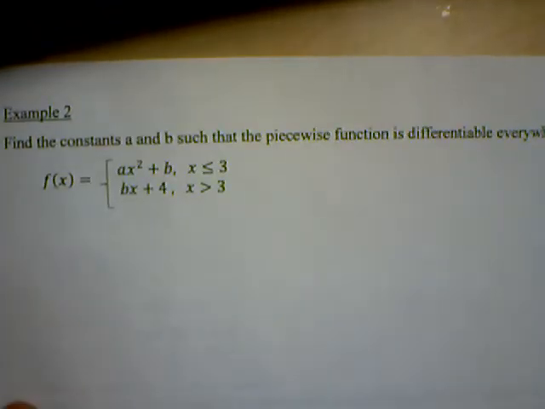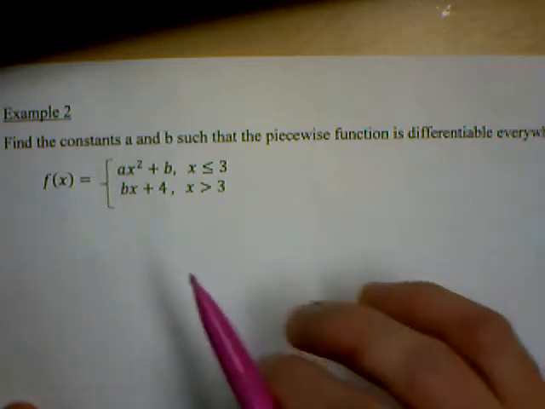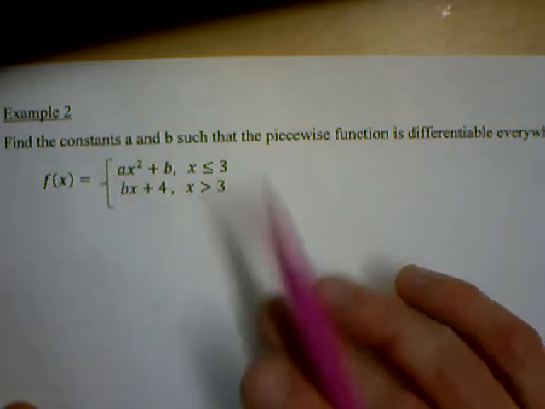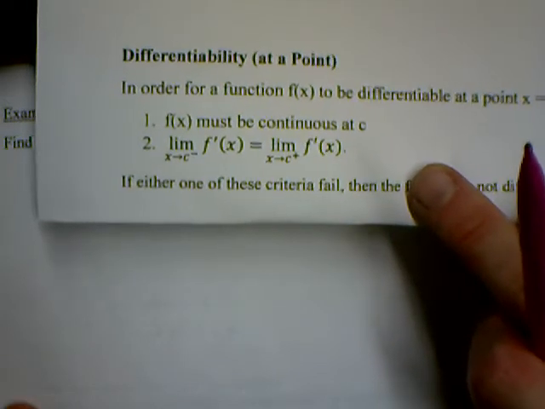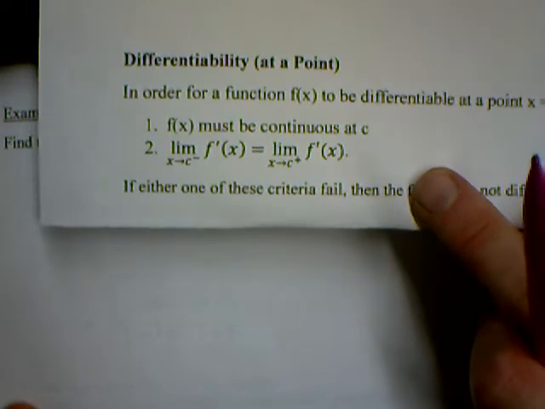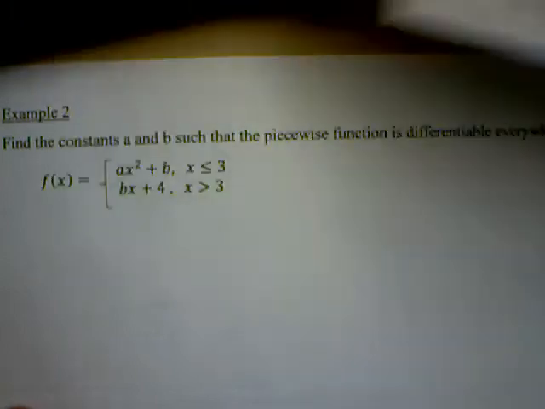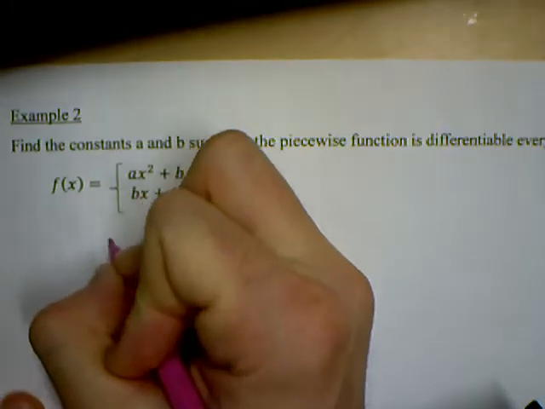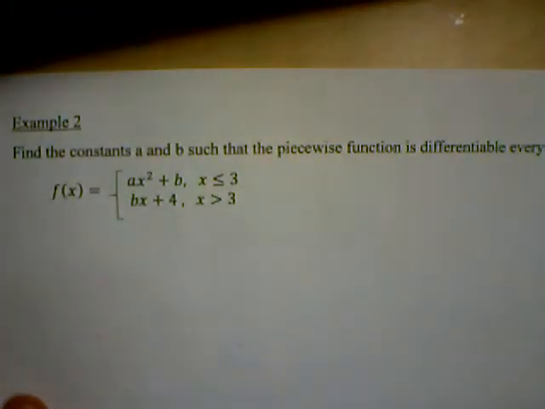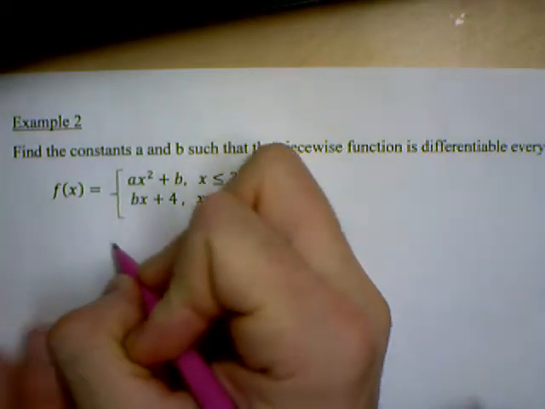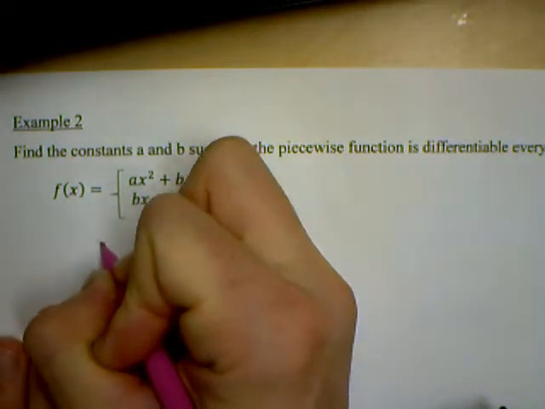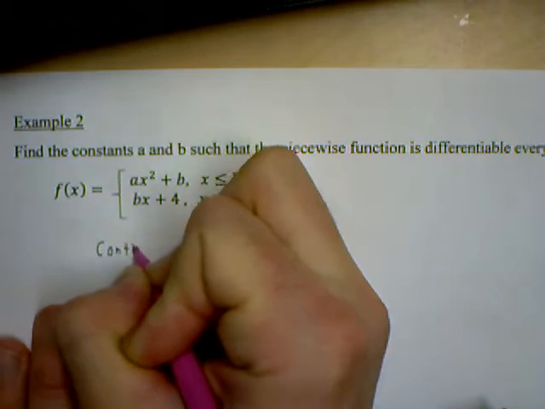Now, it's the same idea as before, but now I'm finding constants. So, two things you have to check: the continuity and the differentiability. It's piecewise, so we've got to check both of these criteria. Let's start with the continuity.